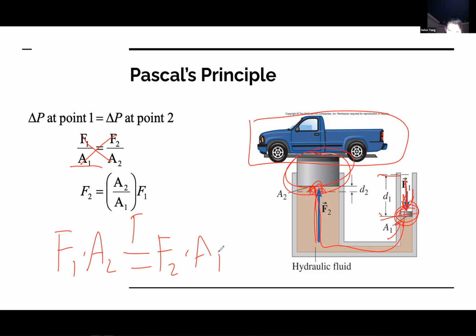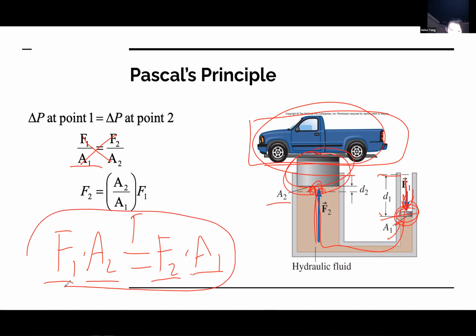So that's basically saying that since this area is larger than the first area by a lot, a really small force on a small area is the same as having a really large force on the large area, which is able to lift up this car. So this is a useful equation to know if you want to solve.